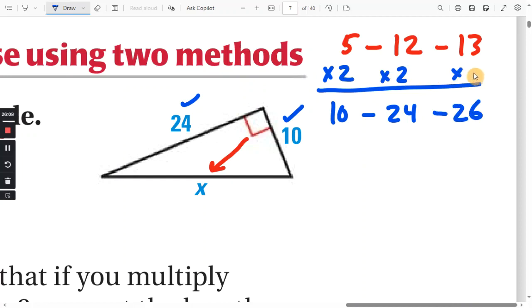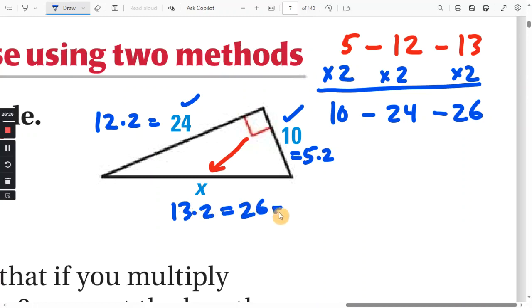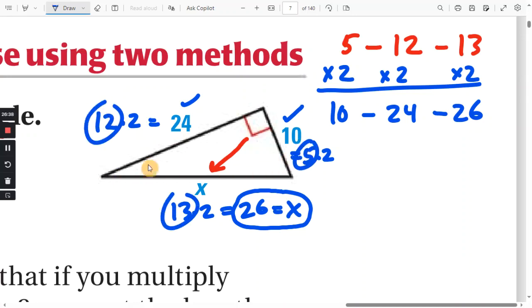So we did times 2 on each one and got the 26. In case you didn't see it, the 24 was 12 times 2. The 10 is 5 times 2. And so this one is going to be 13 times 2. So x is just 26. We started with 12, 5, and 13, and we just did times 2 on each one to get the x.